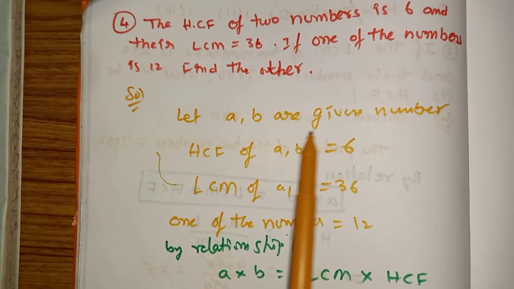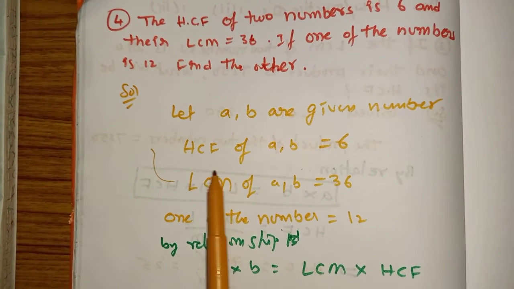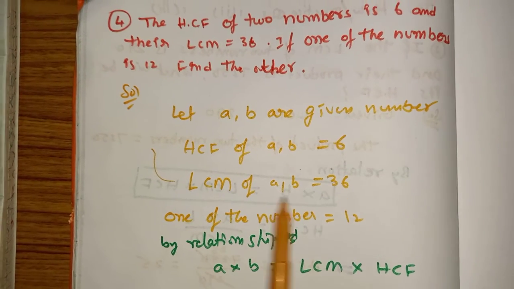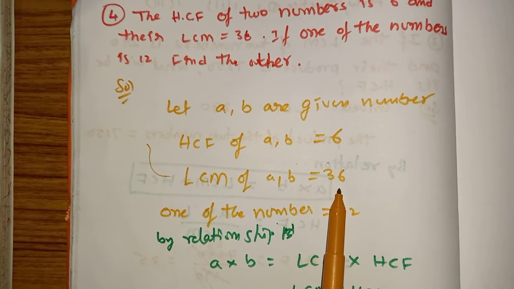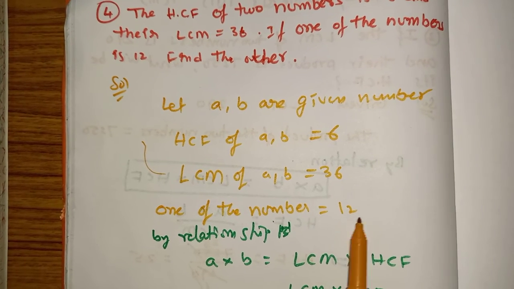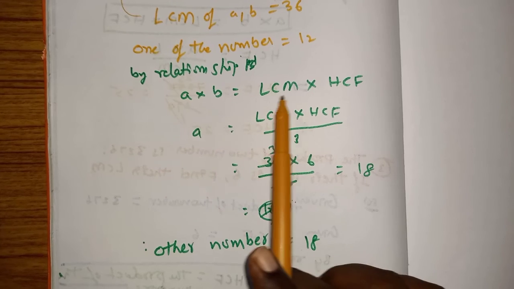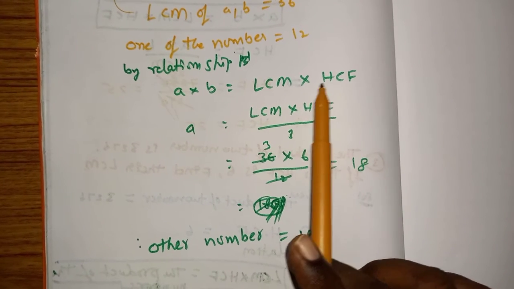Let A and B be the given numbers, their HCF is equal to 6 and LCM is equal to 36. Now one of the numbers is equal to 12. By the relationship, the product of the numbers is equal to LCM into HCF.